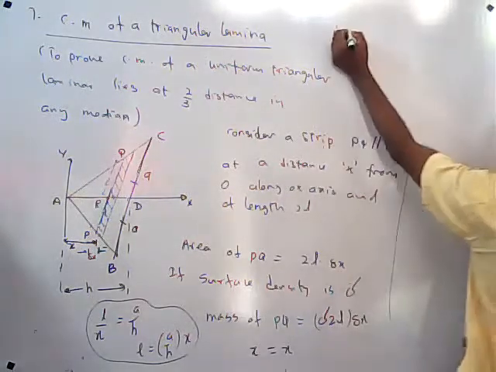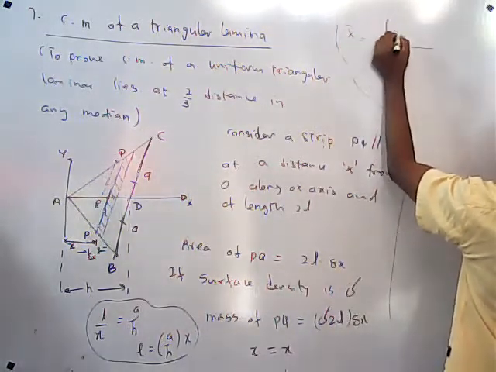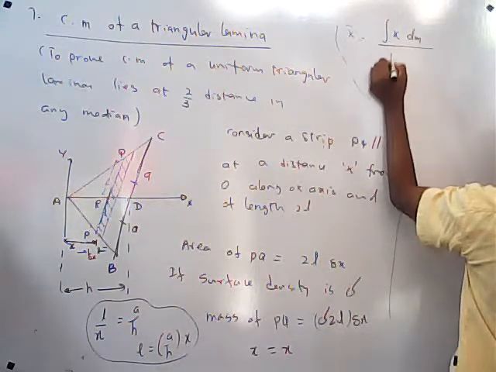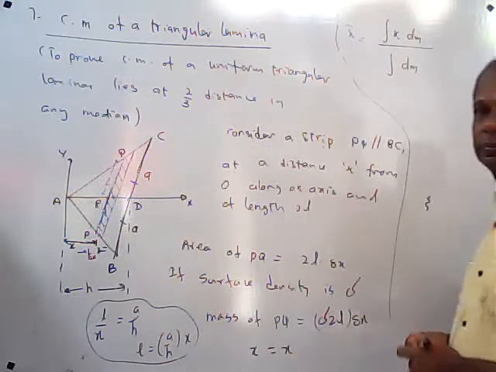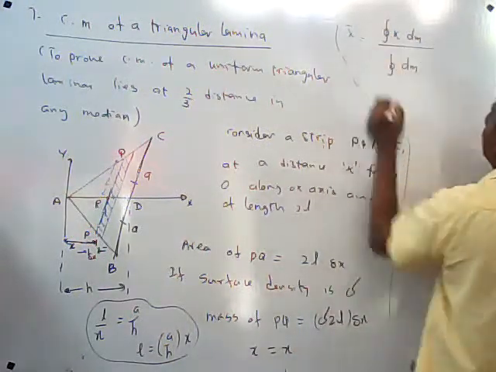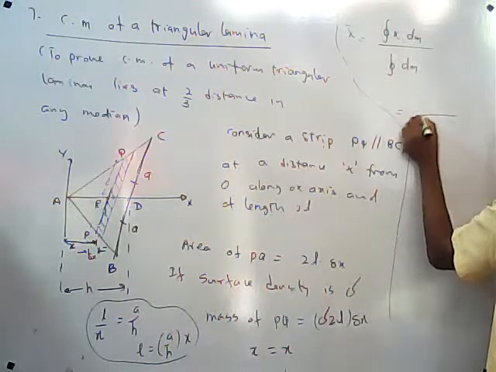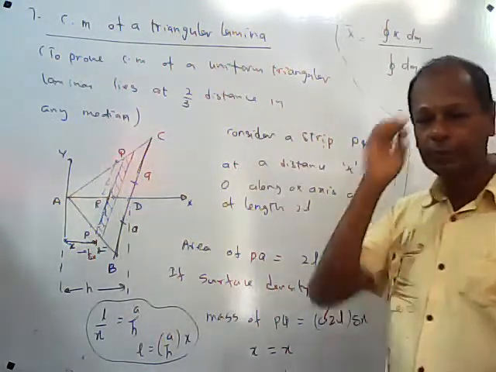So x bar by definition is the integral of x dm over the integral of dm, as x goes from 0 to h.